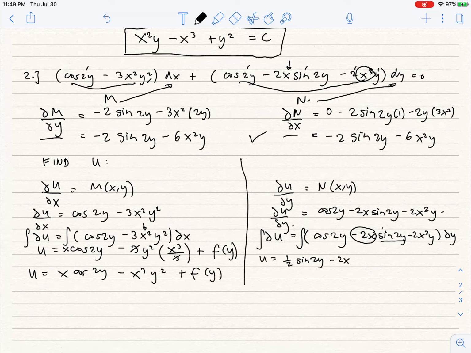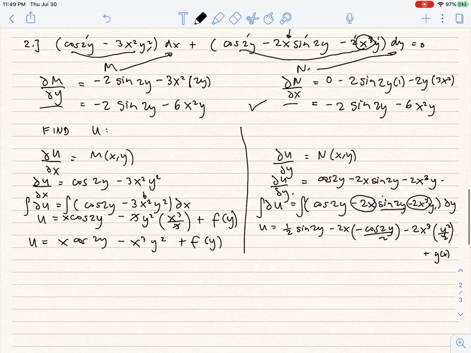Copy 2x, then integral of sine 2y is just negative cosine 2y over 2. Okay, then minus kani ang constant, then ang y ang integrate. So copy ang constant, integrate ang y, which is y squared over 2. Then real lang ang plus g of x.